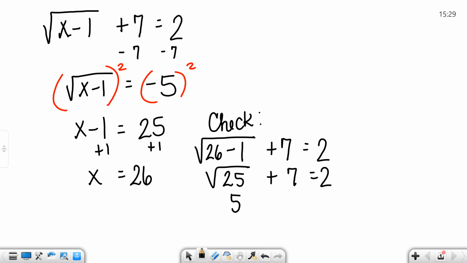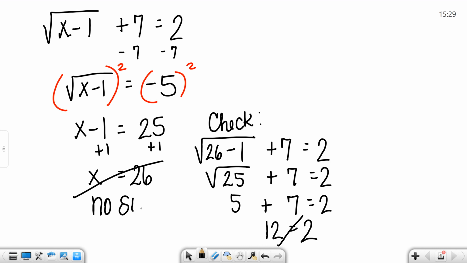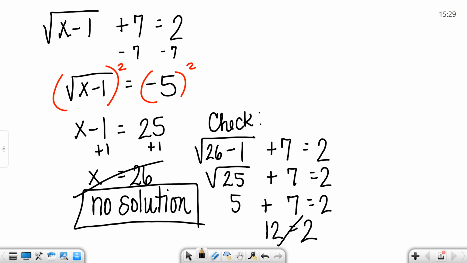I'm actually going to go through the arithmetic. And hopefully you notice we have a problem. 12 does not equal 2. So what that means is that x cannot equal 26. So there is no solution to this particular problem. My answer is no solution.